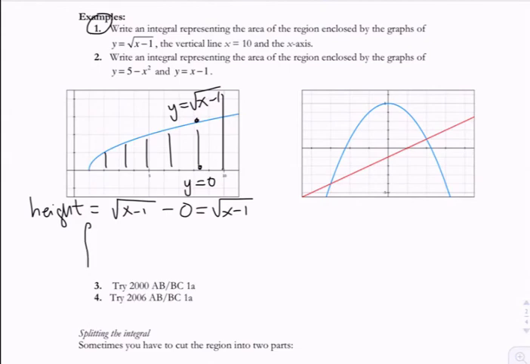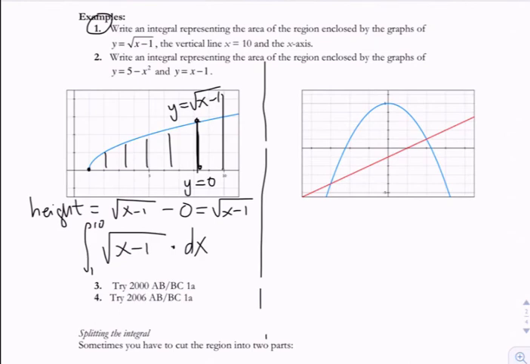And your integral is going to be the height times the width of that skinny, skinny little rectangle. That width is going to be dx. And that's one representative rectangle, but we have to add them all up from x equals 1 until x equals 10.